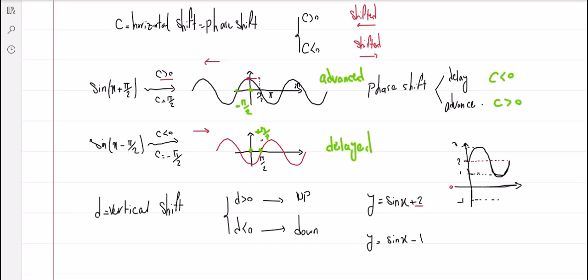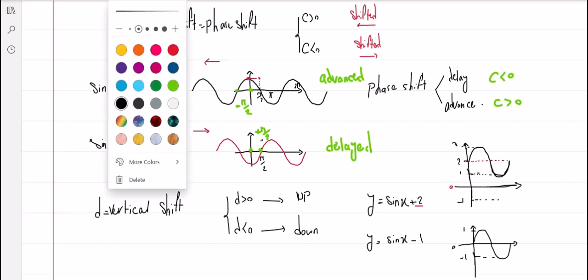Now, for the second one, we are just gonna draw the sine of x again, which would be looking like this, and the center line is again at 0, and this point is 1, this point is -1, and for this purpose we are just gonna draw the new center line as well.